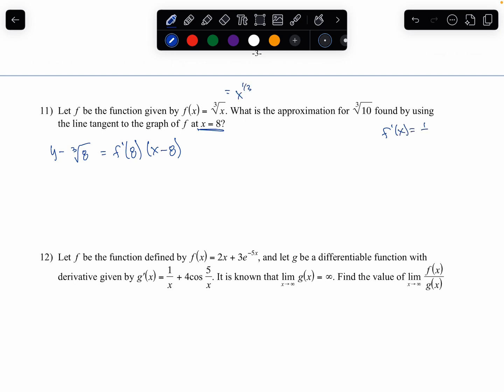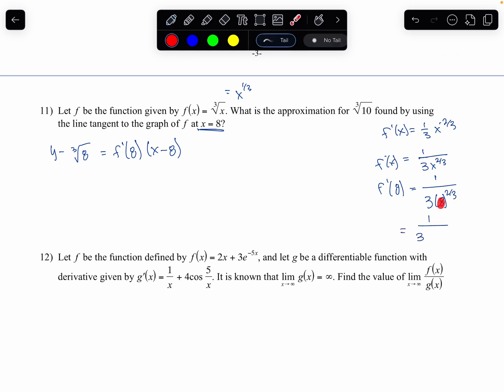So f prime of x is going to be equal to 1/3 x to the negative 2/3, which is going to be equal to 1/3 x to the 2/3. And then, so that's f prime of x, and f prime of 8, which is what I want, is going to be 1/3 times 8 to the 2/3.